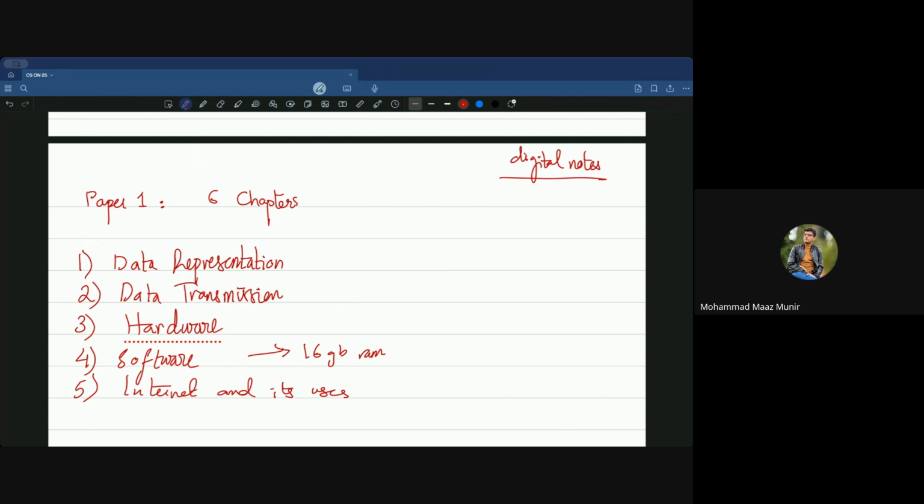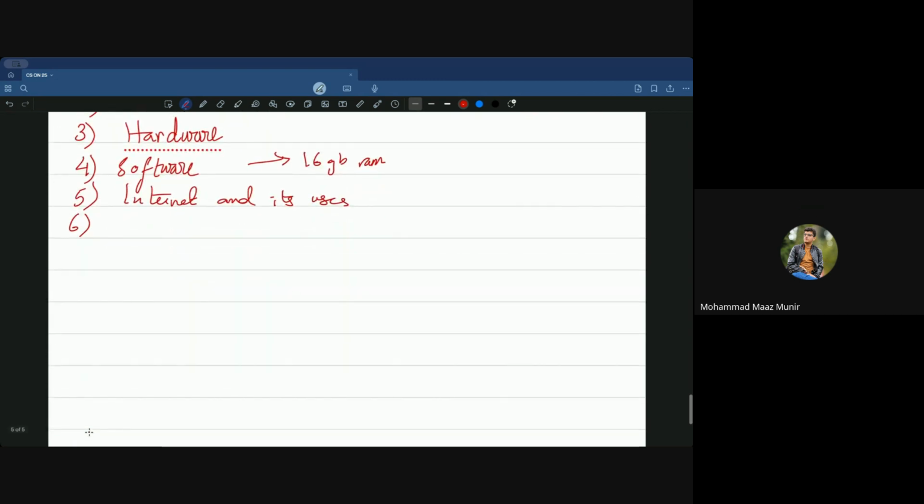Yes. So now back to the sixth chapter. The sixth topic is about AI and machine learning, and ML refers to machine learning.